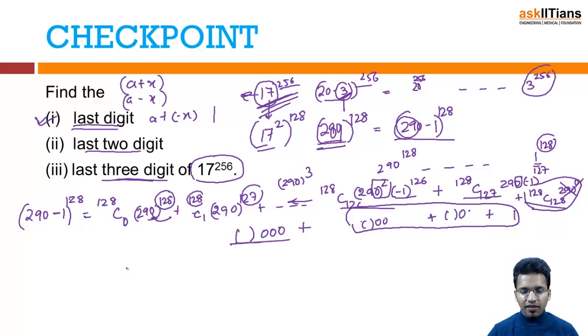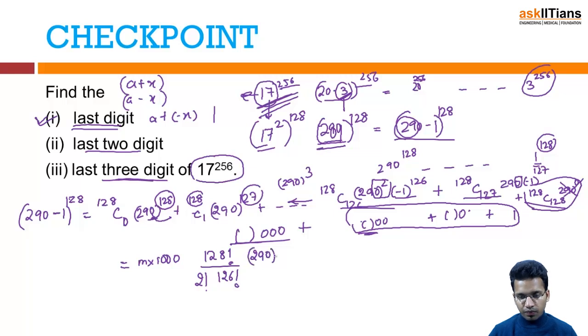And this I can write again as anything, m into 1000, doesn't affect. Now this one I need to solve, the coefficient: 128 factorial over 2 factorial, that is 128 minus 126, and 126 factorial, and this will be 290 square.